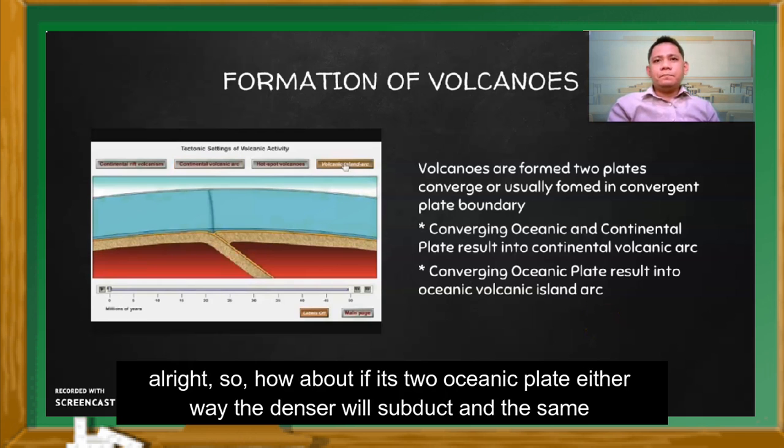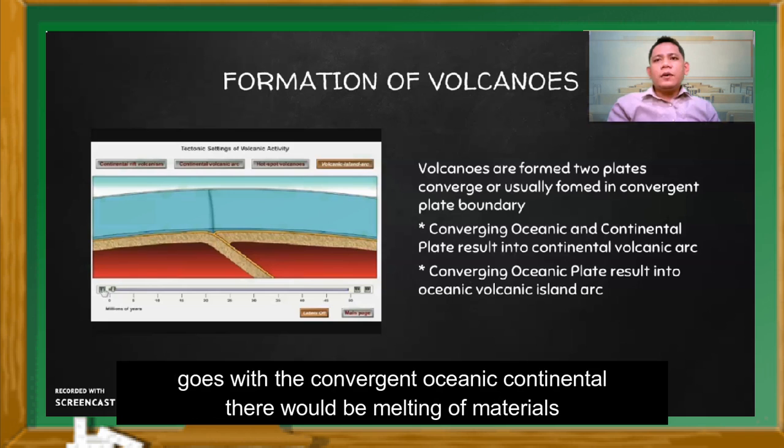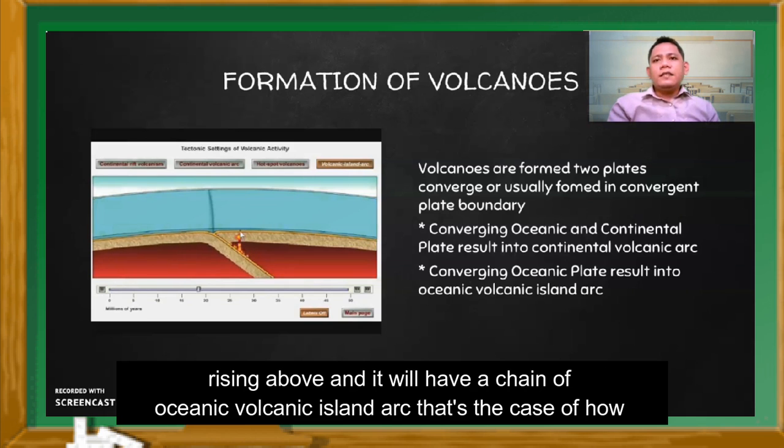Right? So how about if it's two oceanic plates? Either way, the denser will subduct, the same as with the converging oceanic and continental plates. There will be melting of materials rising above, and then it will form a chain of oceanic volcanic island arcs.